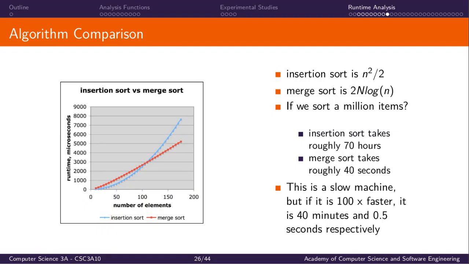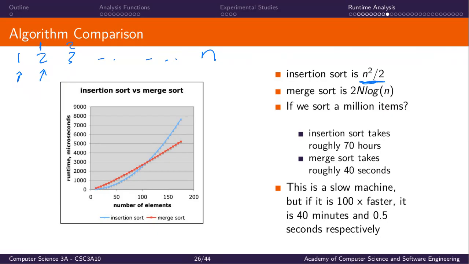All right? You could actually derive how we get to this. If there are n elements, 1, 2, 3, up to n, for the first one, we do nothing. For the second one, we compare it to everything to the left of it, so we do a single comparison. For the third element, we compare it to up to 2 elements to put it in the correct place, so up to 2 comparisons.